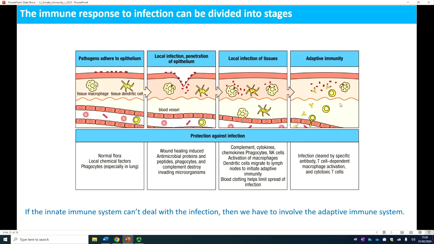And then eventually we get full engagement of the adaptive immune response. We'll get production of antibodies, we'll get B cells and T cells, and we'll get this influx into the inflamed tissue. But essentially, if the innate immune system is unable to actually tackle the infection itself, we'll then recruit and involve the adaptive immune response.